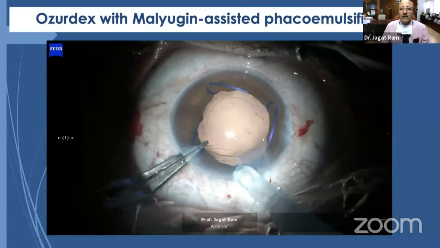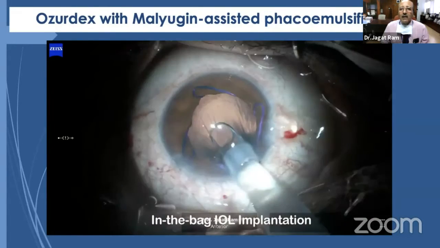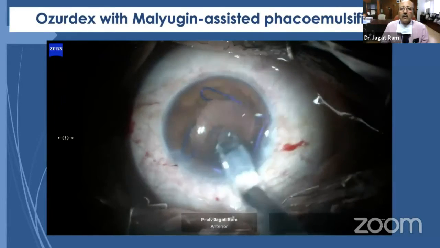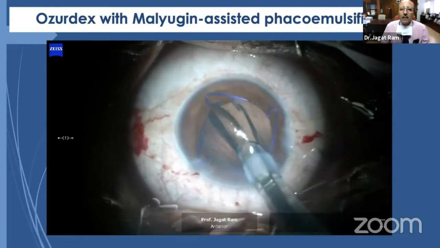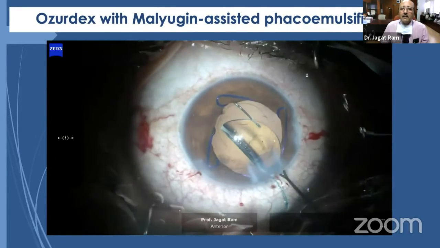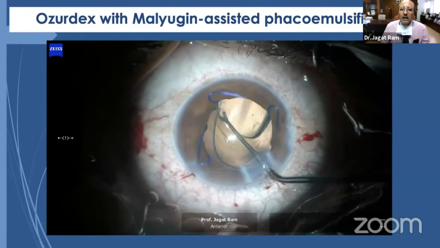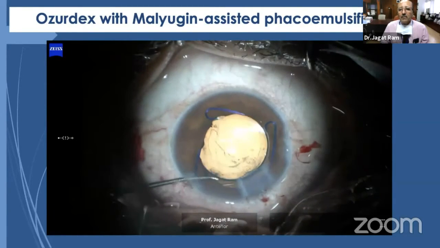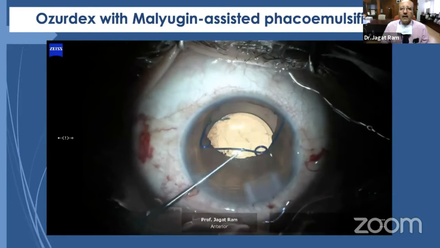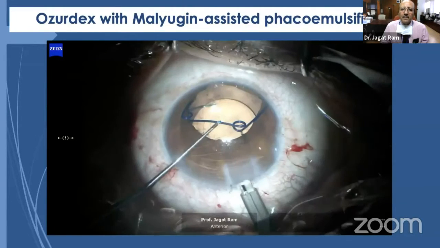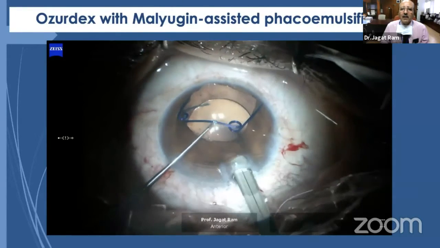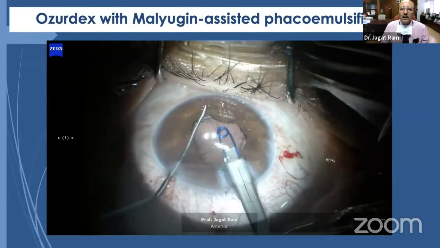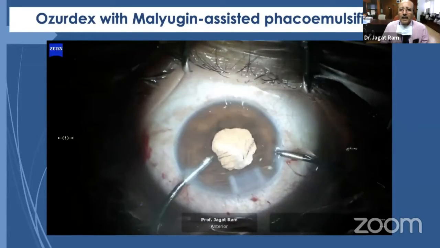After that, you implant the IOL. It is important to implant the IOL into the capsular bag. Here it is a 3-piece hydrophobic acrylic IOL, but nowadays, most of the time, we may even put a single-piece IOL. Ultimately, it does not make a difference whether you put a 3-piece IOL or single-piece IOL once it is in the capsular bag.